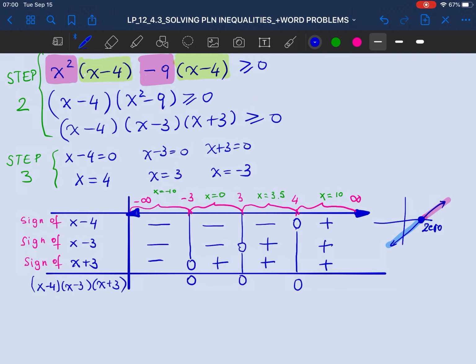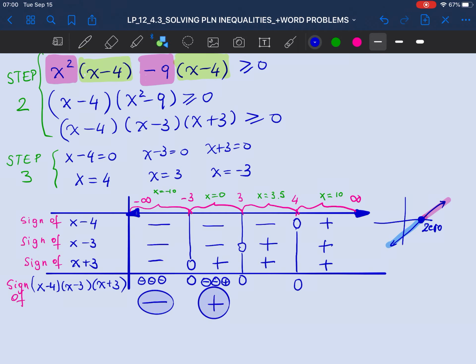So, moving on to the next step. Now we need to find the sign of the product. For this, we multiply all the signs. So we have a negative and a negative, so that gives a negative. Next, we have a negative and then a positive.